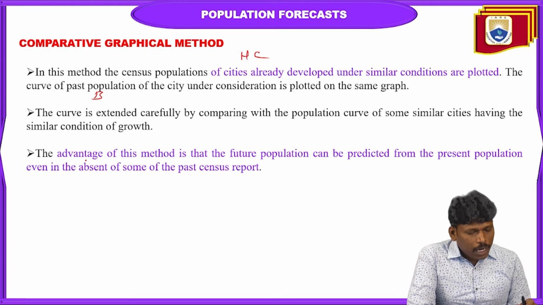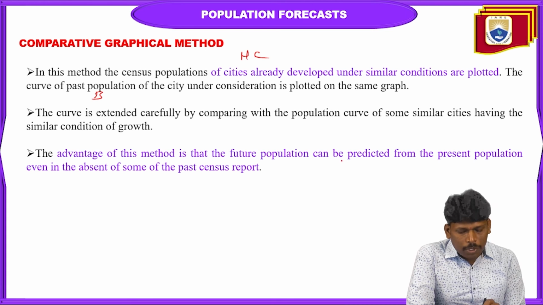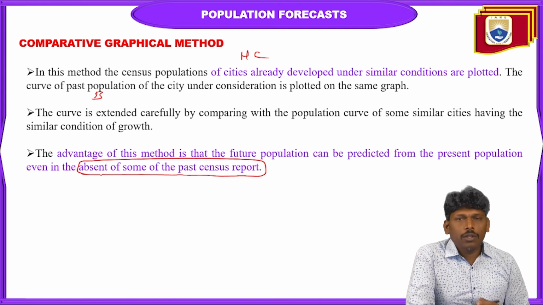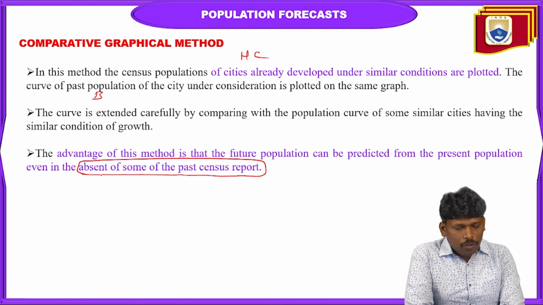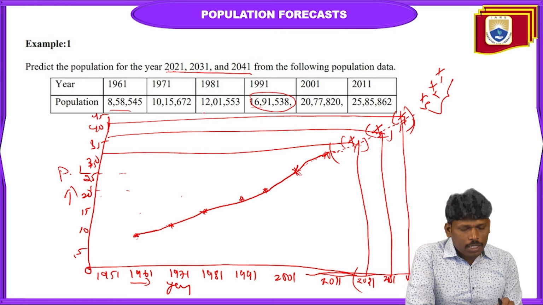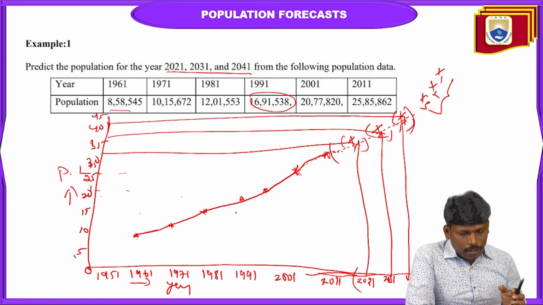The advantage of this method is that the future population can be predicted from the present population even in the absence of some of the past census data. Here we have data till 2011. Suppose, for example, we don't have a value for 1991 due to some reason, then we can extend the graph through 1990. I'll explain with an example.